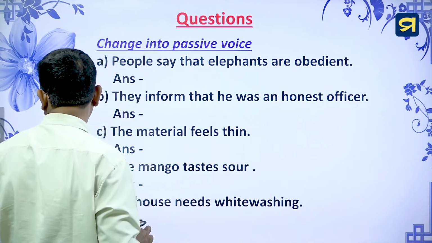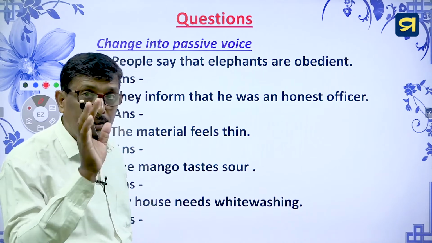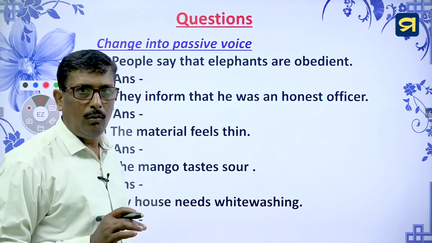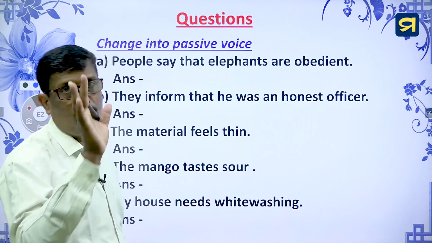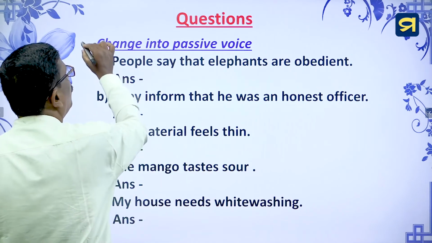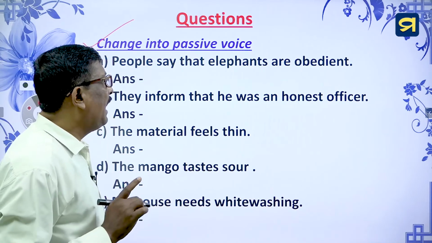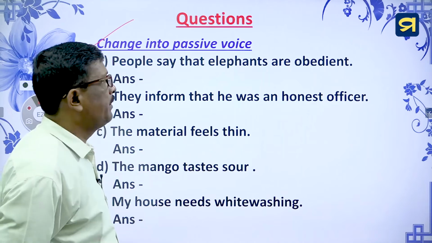Right now we will discuss how far you have understood. Okay? We will go with some questions right now. Let's practice some questions, or change into what? Passive voice. People say that elephants are obedient.